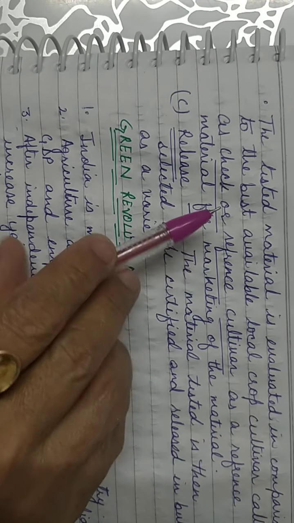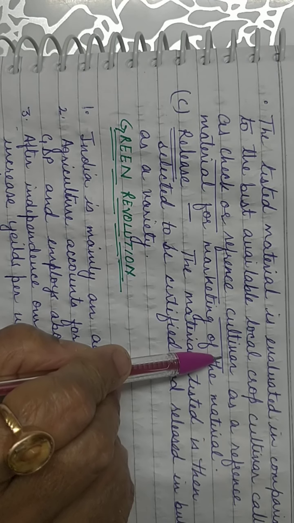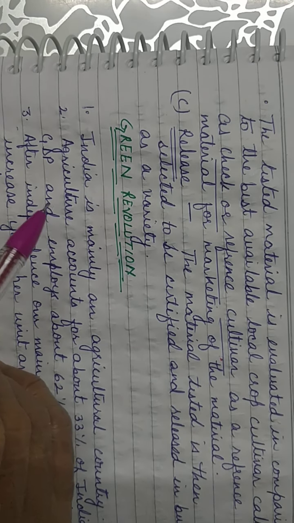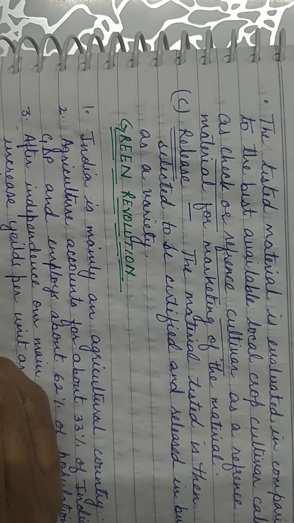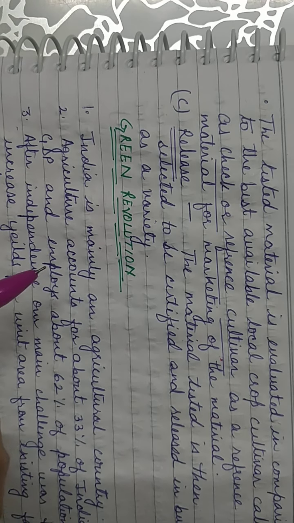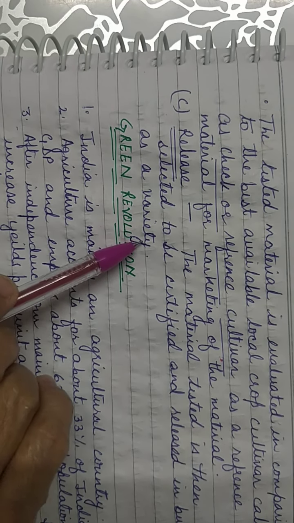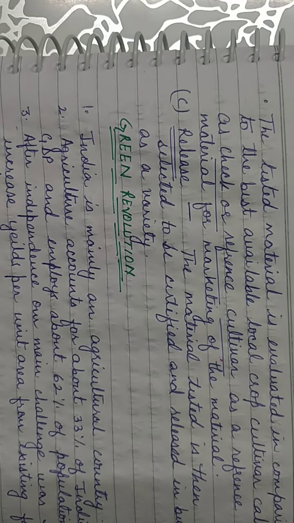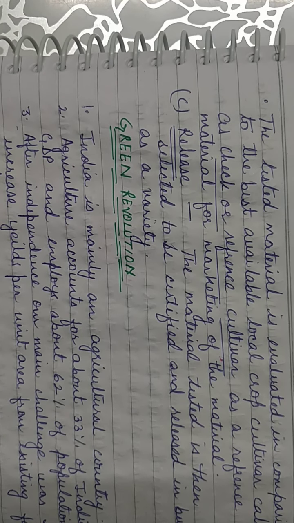That is known as what? Check or reference cultivar. And if it is good in all farmers' fields in the country, at every location, then we release it in bulk in the market. Thank you.